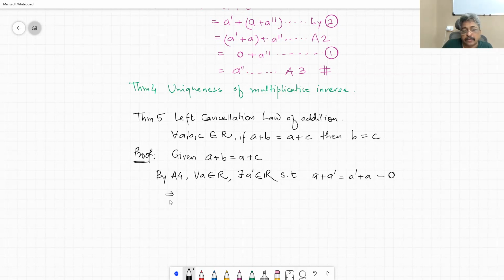Therefore, A dash plus A plus B is equal to A dash plus A plus C.